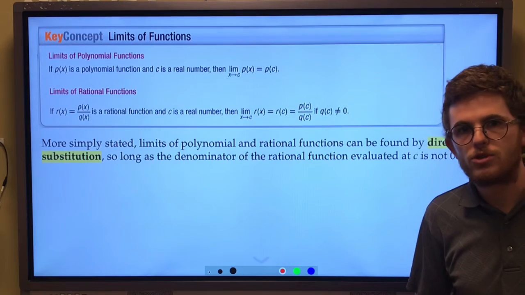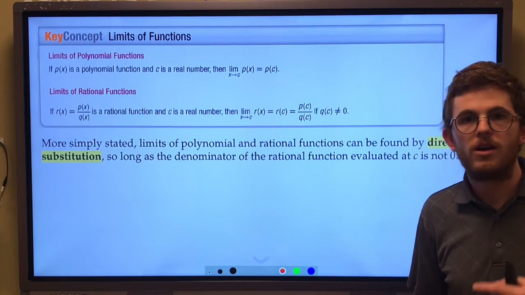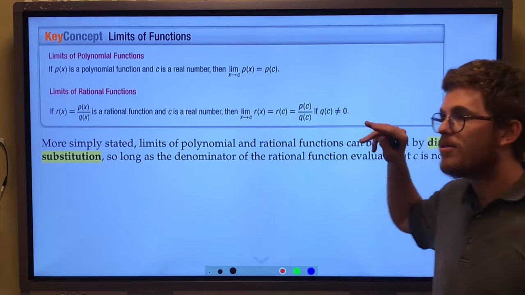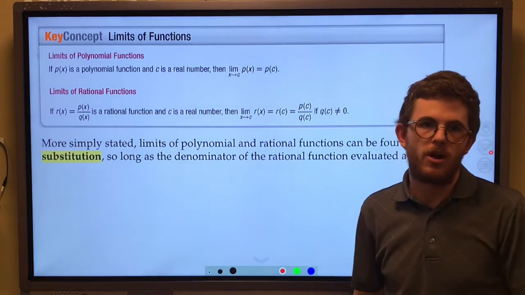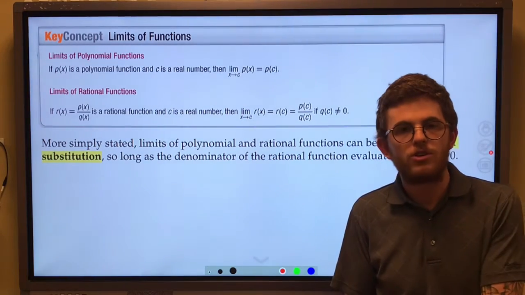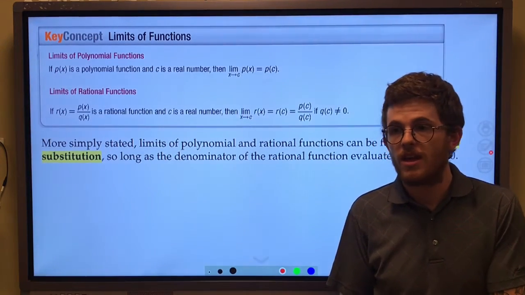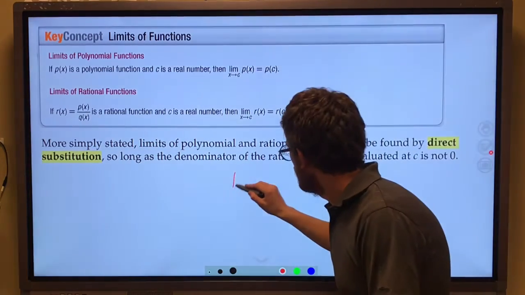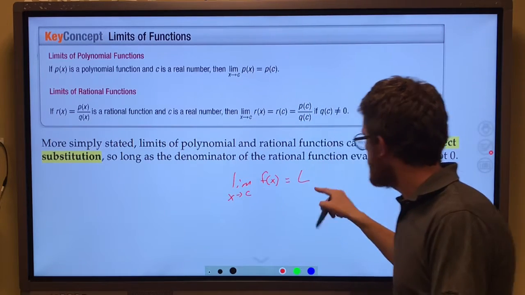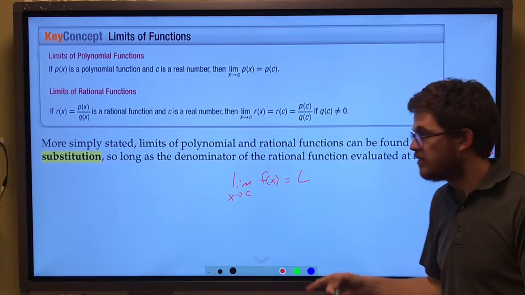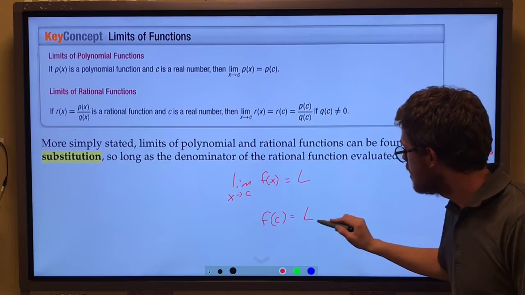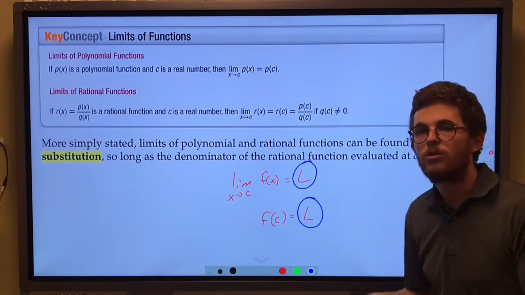But direct substitution can be a very, very helpful way, because when we think about when we've talked about continuity, we said that if the limit as x approaches c for some value equals whatever that limit is, and this is the same thing as f of c, if these are both the same, that was our definition of continuous.